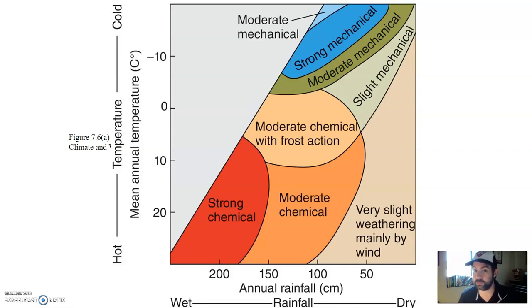But looking at locations that are cold, moderate: mechanical. Cold and dry: mechanical. Kind of warm and wet: chemical. And then places like us in the desert where it's hot and dry, we don't really get weathering. Kind of interesting to think about.